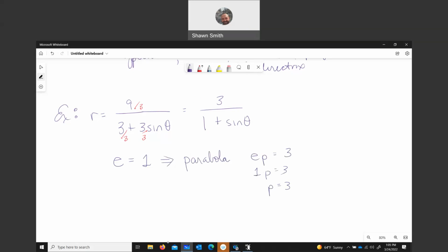Above, because we're looking at sine, so it's parallel to the polar axis. The directrix is 3 units above the pole, parallel to the x-axis.